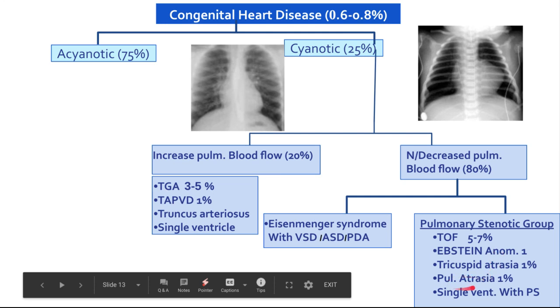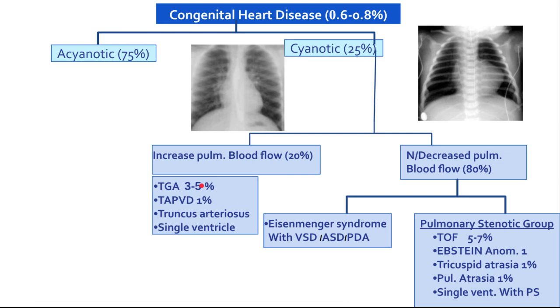Then pulmonary atresia is an example of duct dependent pulmonary circulation. Then single ventricle with pulmonary stenosis. And all these diseases will present with increased pulmonary blood flow features like basal tachypnea, recurrent pneumonia or lower respiratory tract infection, and all the signs of CHF.